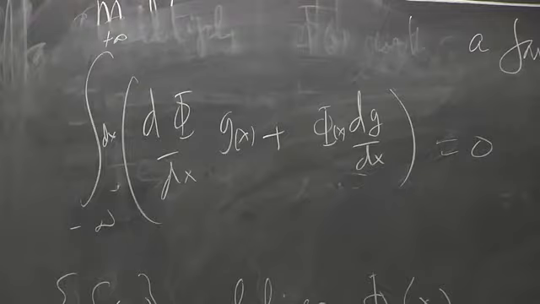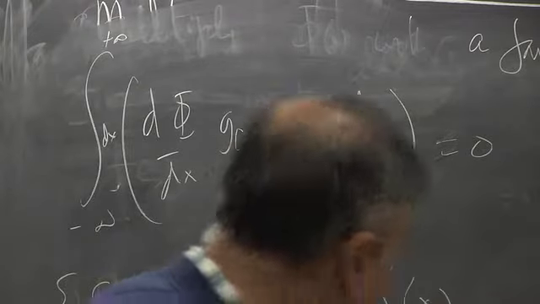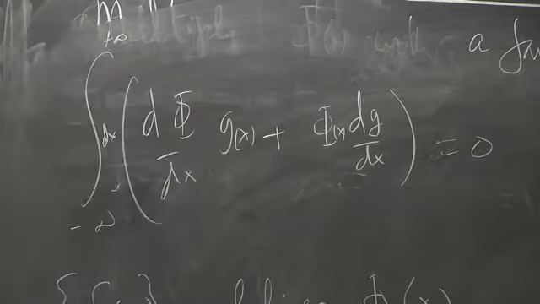Okay, so that's one thing. So from this point of view, the derivative always exists. If you give this as a definition of the derivative, then it always exists for the generalized function.